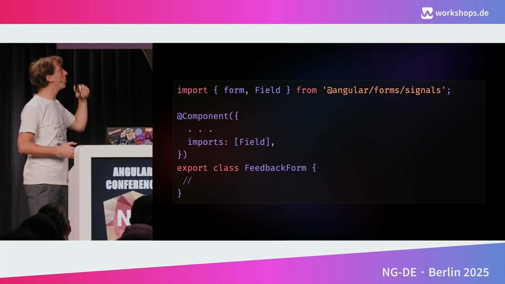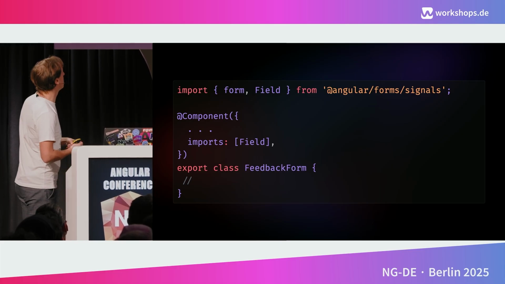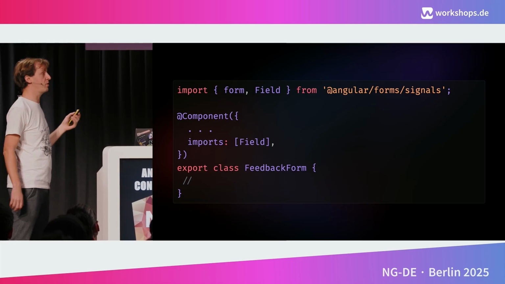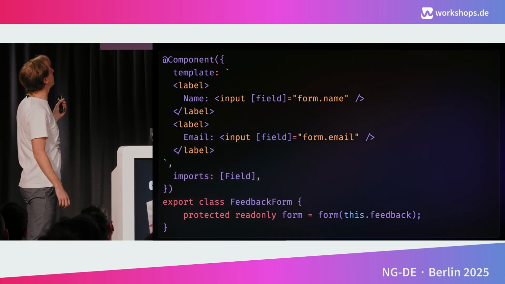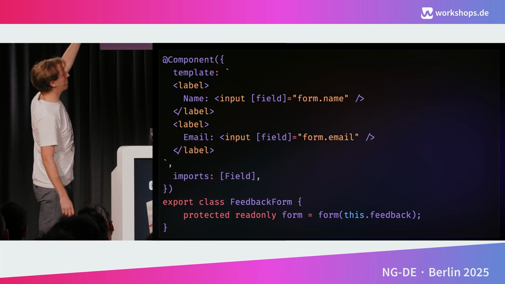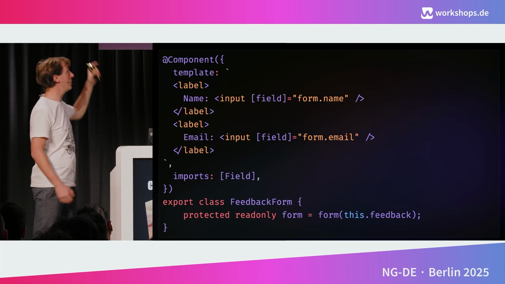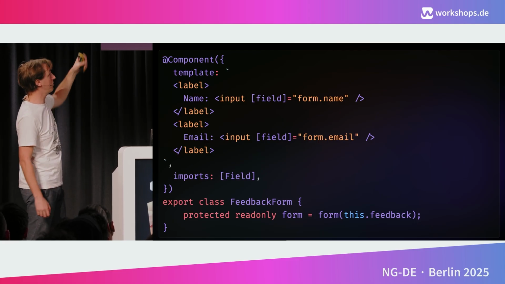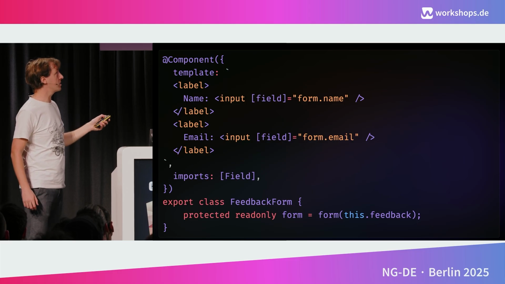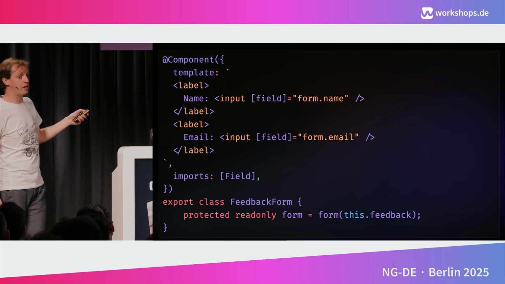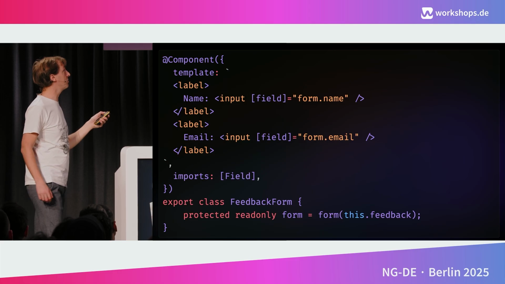This is today called the field directive. You import it in your component like every other directive that you already did. And you add it on a form this way. You have inputs, regular HTML inputs. You add a field, and from this field, you add the form object and the key you want to access. So here, like I said, it's not a value. That's a path on your form.